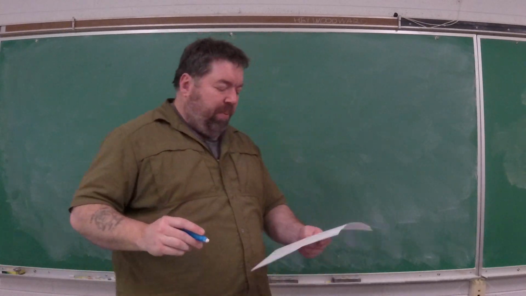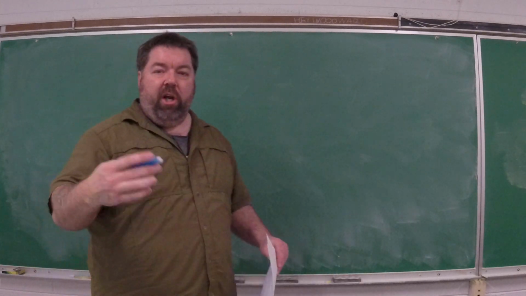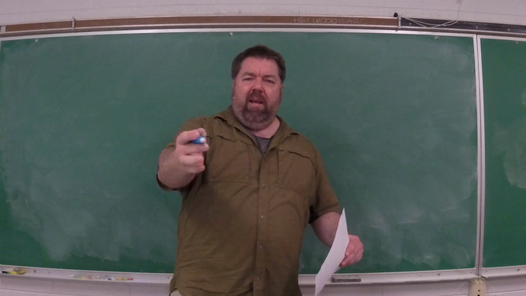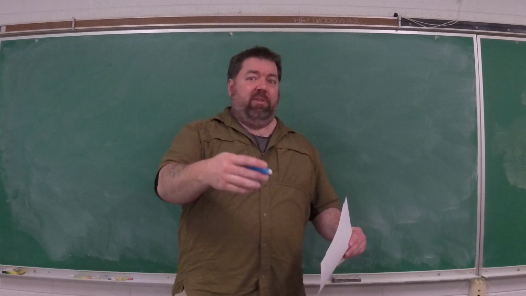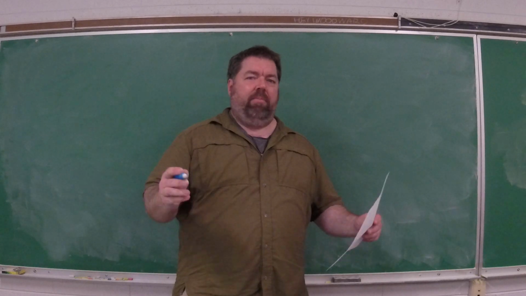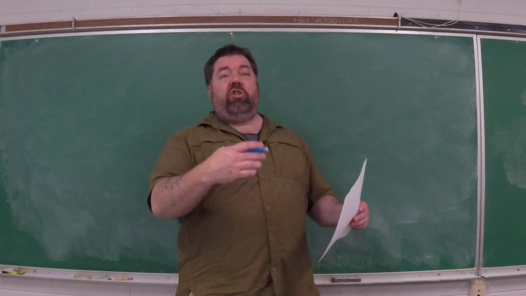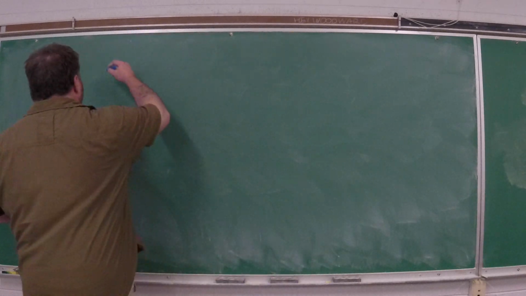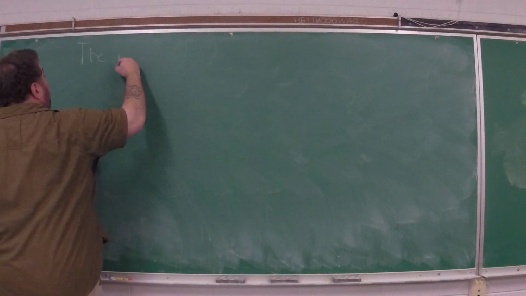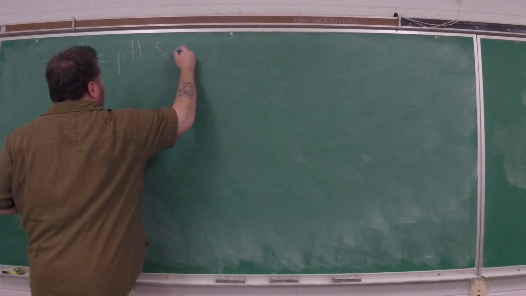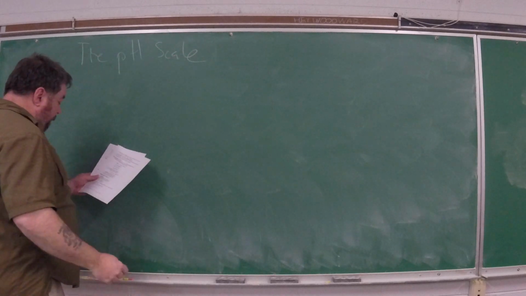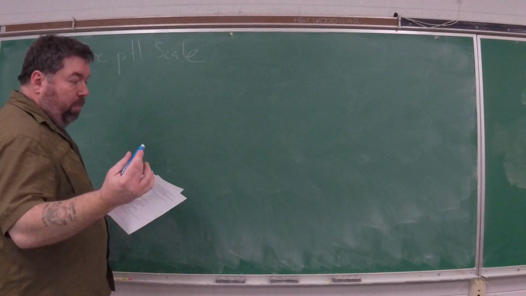So now we're going to go on to the pH scale. So earlier we were using a concentration of H plus, and we said it was 5 times 10 to the minus 9. Chemists don't like to use numbers like that, so they come up with a pH scale, okay? Basically, it's very, very straightforward.